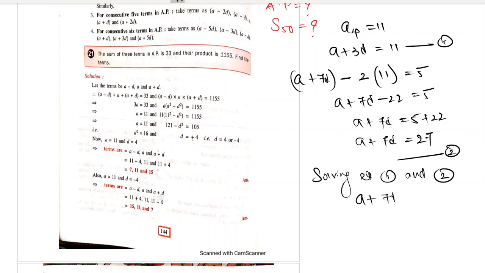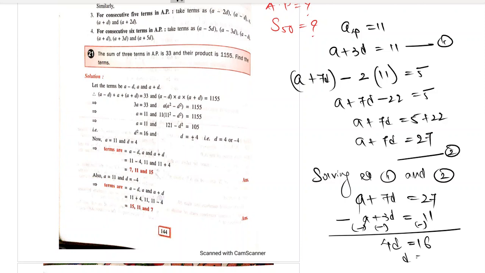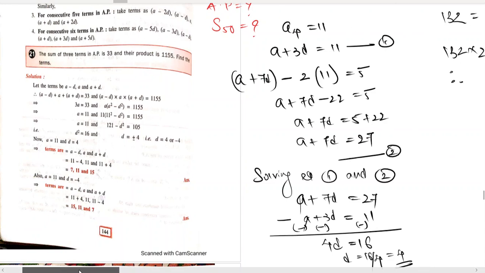A plus 7D is equal to 27 minus A plus 3D is equal to 11. Right? So this will be minus, this will be minus, this will be minus. A minus A will cut. 7D minus 3D is equal to 4D, and 27 minus 11 is 16. So D is equal to 16 by 4, which is 4. We found D. Now let's find A.